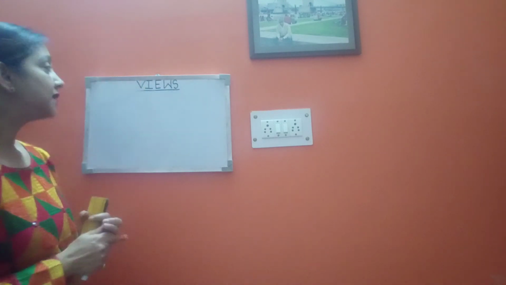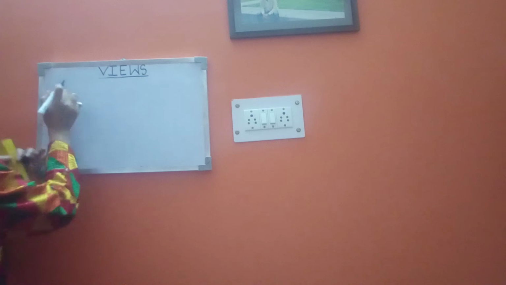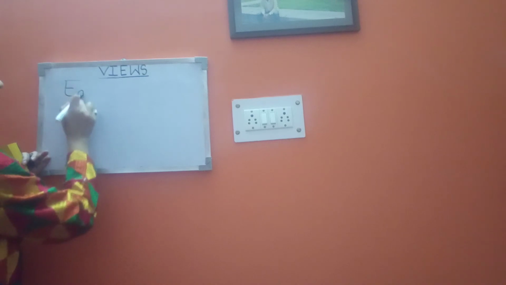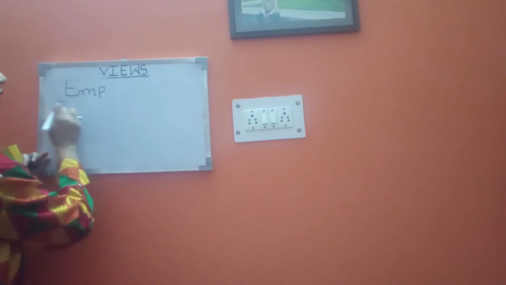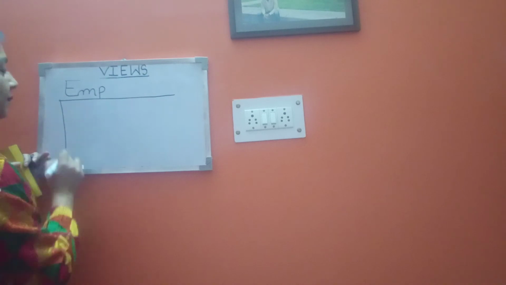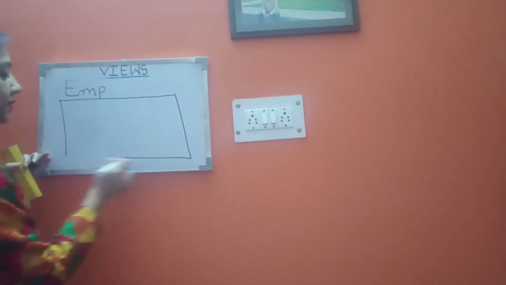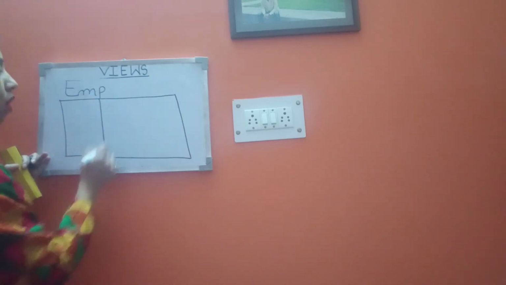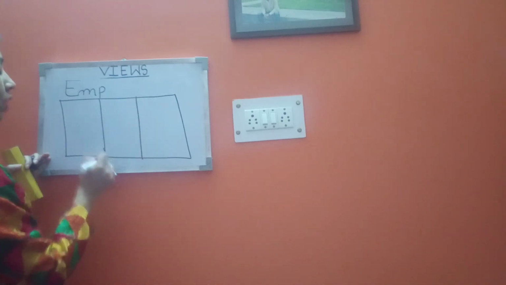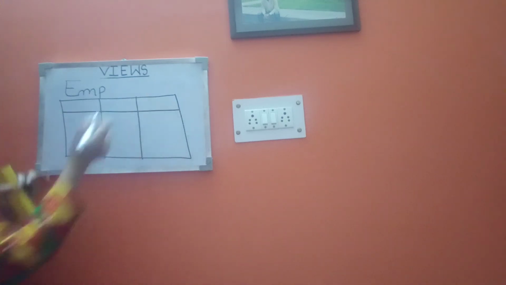So for example, here I have an employee table. This is an employee table. Now, this employee table will have information regarding all the employees of the organization. That means all the employees of all the departments.